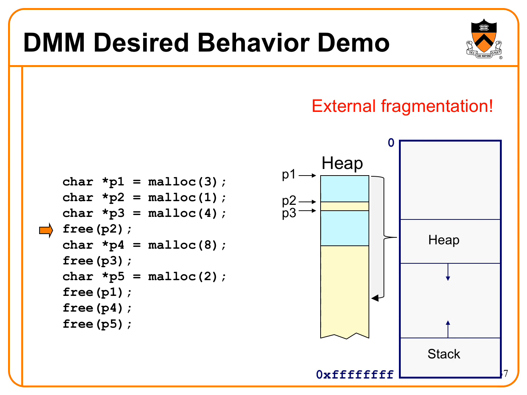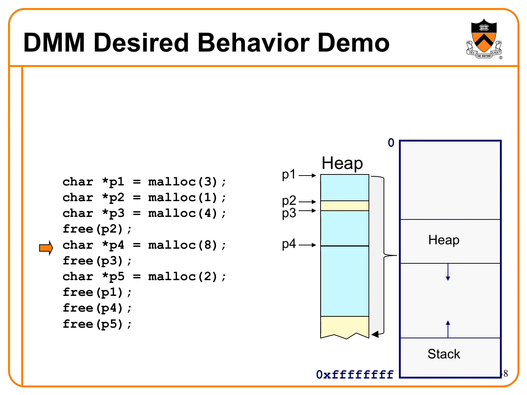So this would be external fragmentation. The fragmentation would be realized when we try to allocate 8 bytes. Recall, we said the heap was of size 15, so 3 plus 4 plus 8 should fit. And indeed, there are 8 bytes free on the heap, but in a chunk of 1 and a chunk of 7. That means there's no 8-byte chunk, and we have to extend the heap to fulfill the request for an allocation.